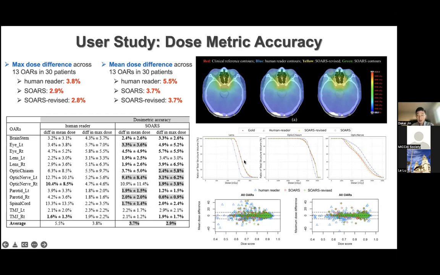This middle row figure shows the DVH figures for some organs, and the bottom part shows the scatter plot of the mean dose and max dose distributions from the 3 groups: the human reader, source, and source revised. We see that the human reader has larger errors, with some larger outliers, compared with the source and source revised results.